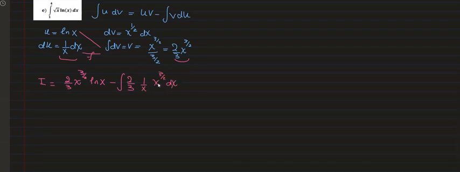Now we have x and x. Of course, we will combine this before going in the integration. So we will rewrite this as 2 over 3 and x to the power of 3 over 2 ln x. This is the first part, minus 2 over 3. This is the constant outside. And inside the integral, we have x to the power 3 over 2 minus 1, which is x to the power of half dx. And this is a simple power integral.